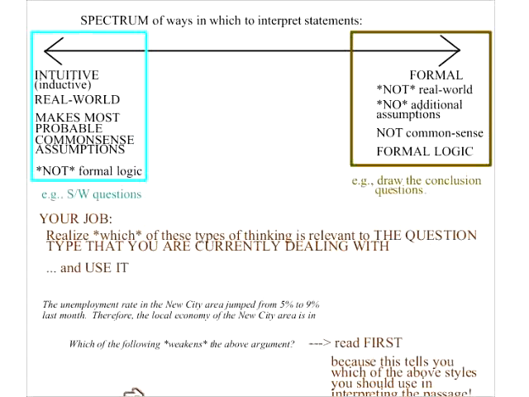When you read the question type and it says which of the following weakens the argument, you know that your job is to read for the general principles and use your intuition to see what affects the argument. So once you've read the question type and settled on a type of reasoning to use, you go to the passage and read it with that type of thinking in mind.